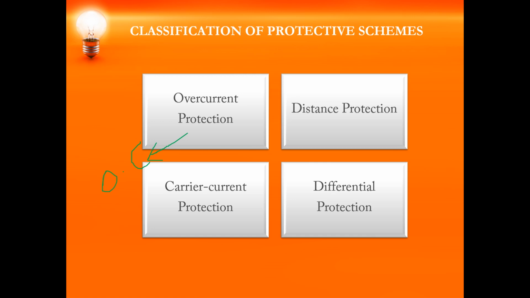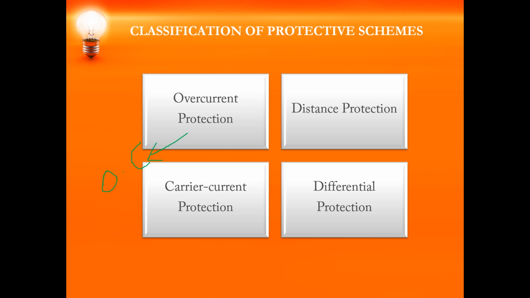Next is distance protection. This scheme is especially used for the protection of transmission lines or sub-transmission lines, usually of high voltage, 33, 66 kV or so.